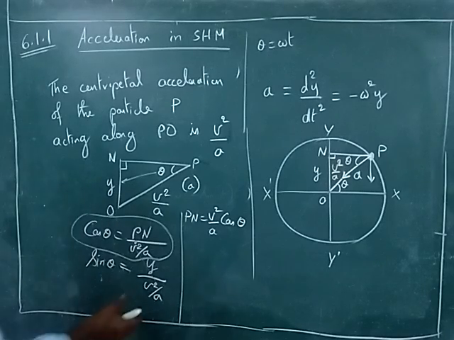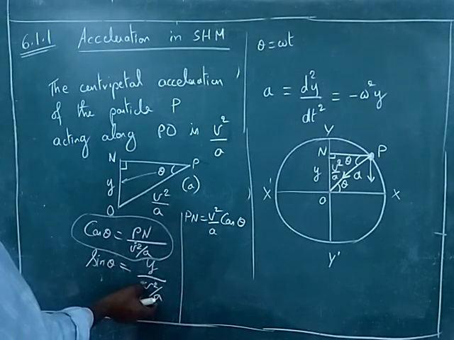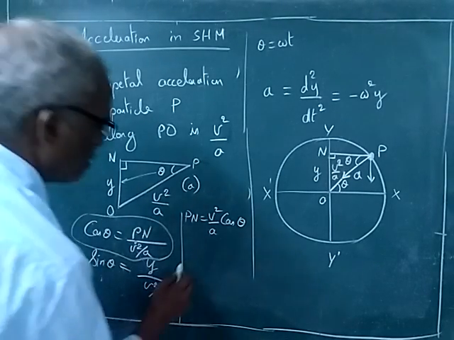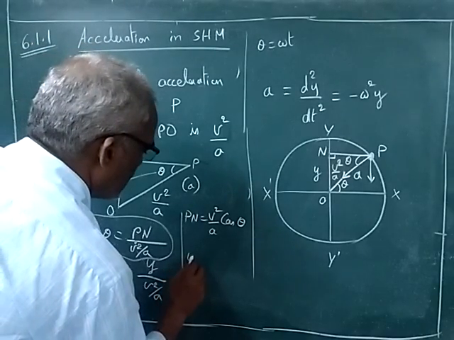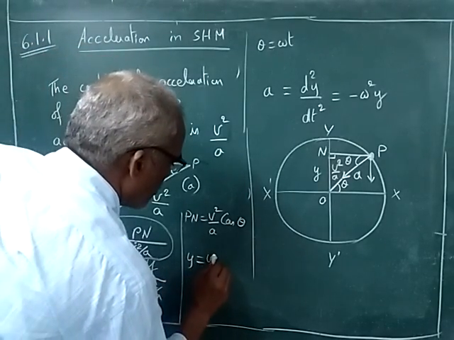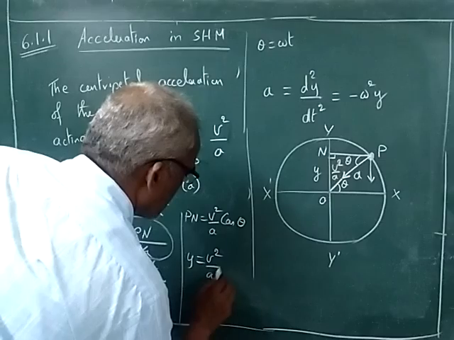Similarly, you move this term V square by A to the other side. So Y is equal to V square by A sin theta.